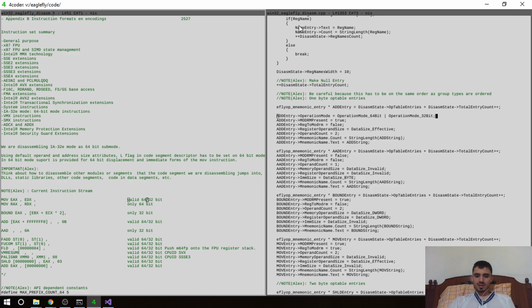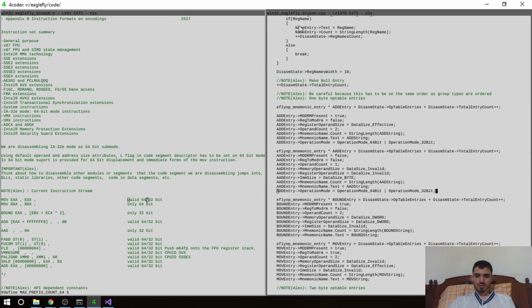So let's copy this. Well, the add entry, we know that is valid on both, so that's okay. I'm gonna put it at the last thing. So here, this is the add. This is only 32, so let's put it that way. This is the bound.